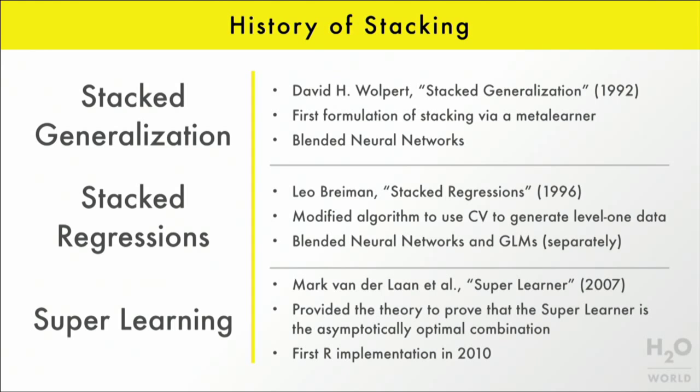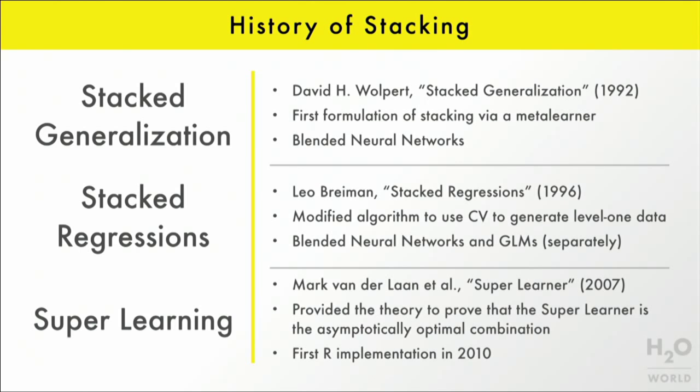He provided the theory that proves that the superlearner, or this stacked regression construct, is what we would say is asymptotically optimal. That basically means that as you go to infinity, it's indistinguishable from the oracle, or just knowing the true function.